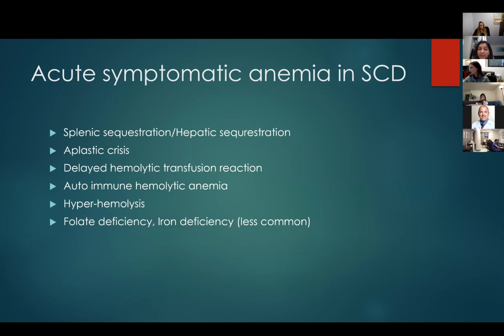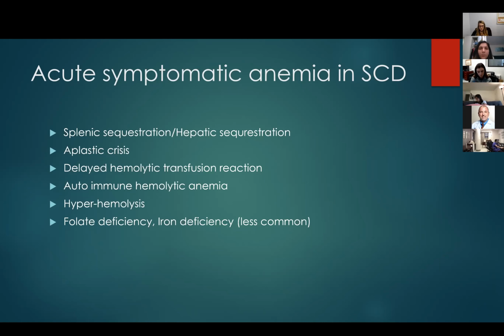You can have aplastic crisis. You can have a delayed hemolytic transfusion reaction in somebody who's been multiply transfused. They can also have autoimmune hemolytic anemia for the same reason.